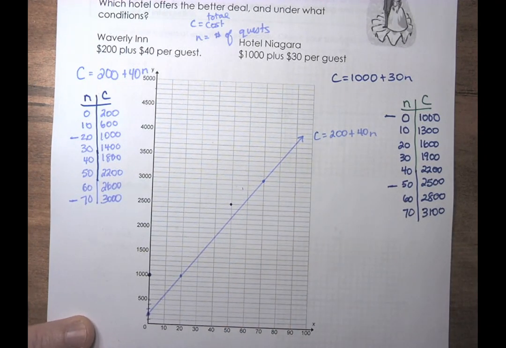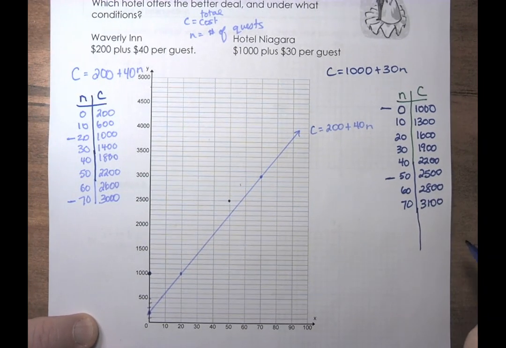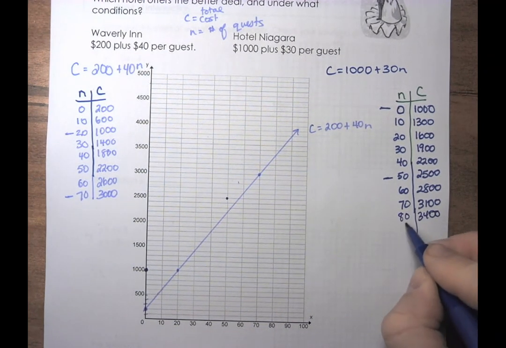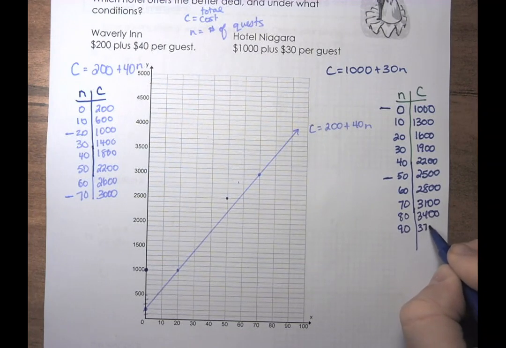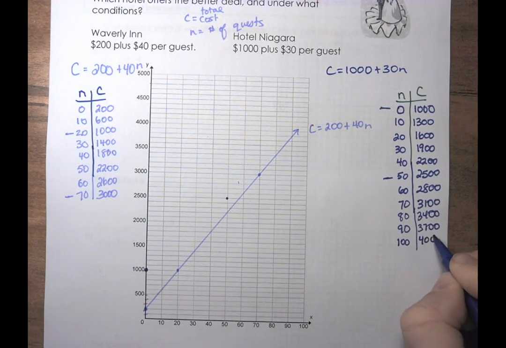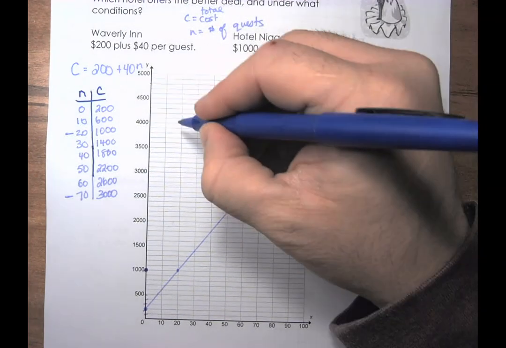Haven't crossed yet. Well, let's see. Maybe we keep going. 80 is 3,400. 90 is 3,700. And 100 is 4,000.